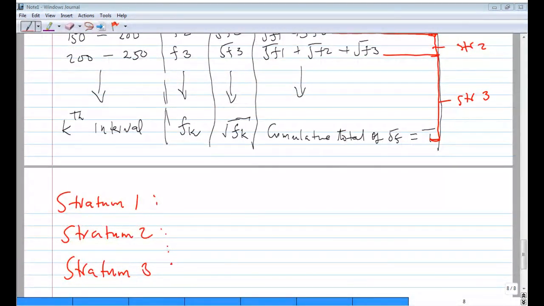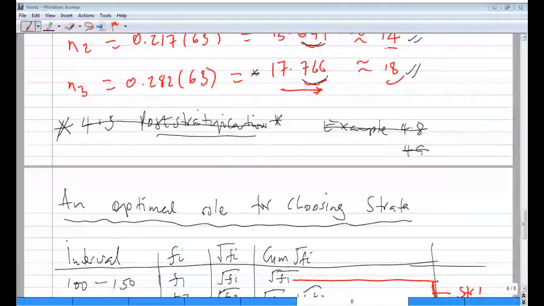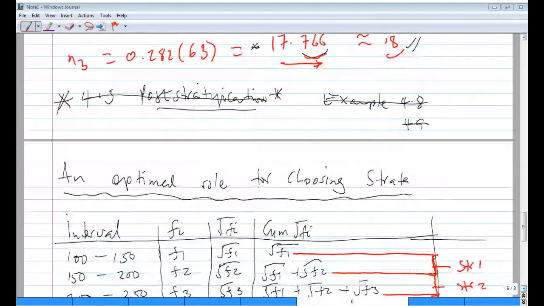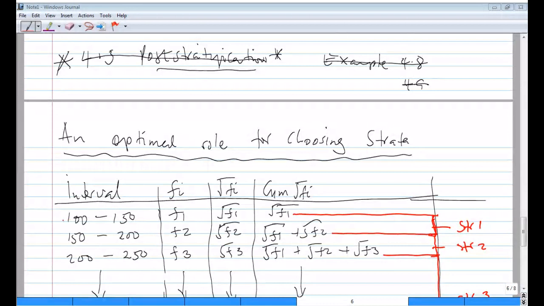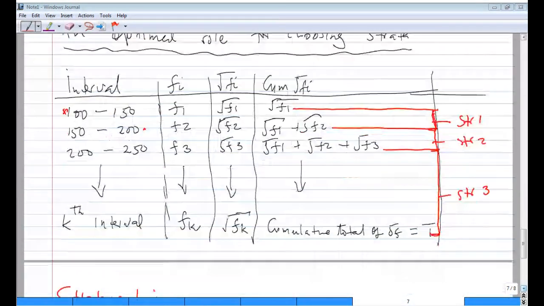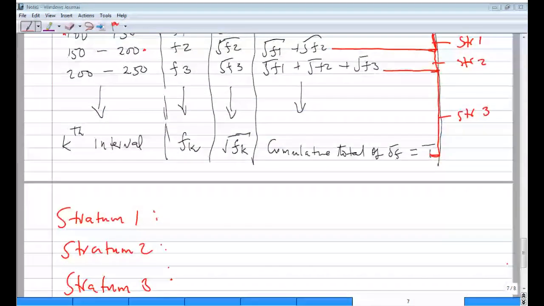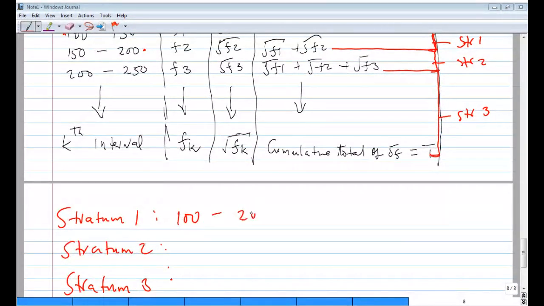So stratum number 1, in terms of the interval, if you check, it started from where? From 100, isn't it? Up to 200. That's stratum number 1. So you have to write it like that. So it's 100 to 200.